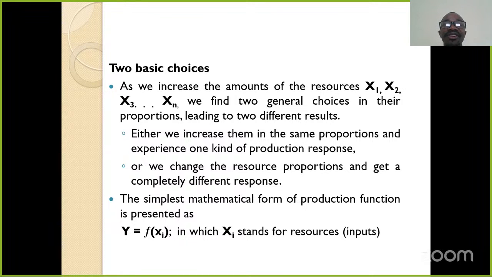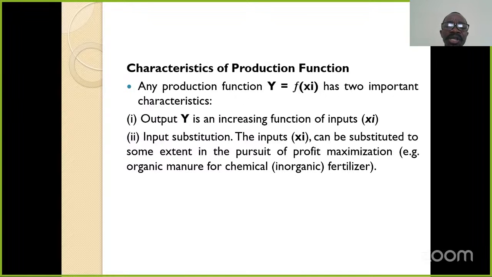Maybe you increase the proportion of one input and reduce the proportions of the other inputs and see what will come out. So the characteristic of a production function is that the output is an increasing function, meaning if you increase the x's, or the inputs, the output is also going to increase.